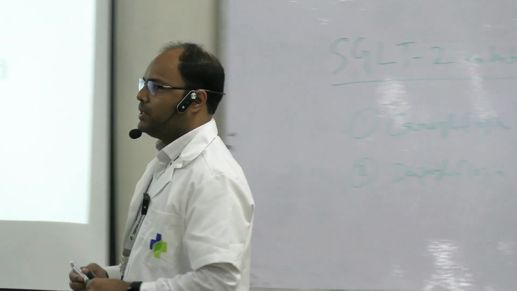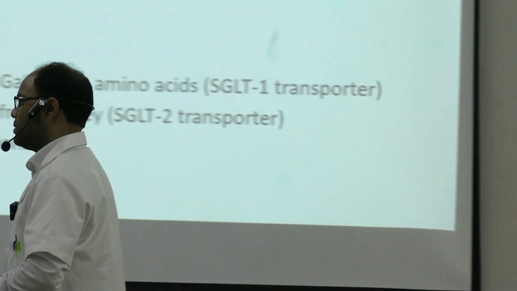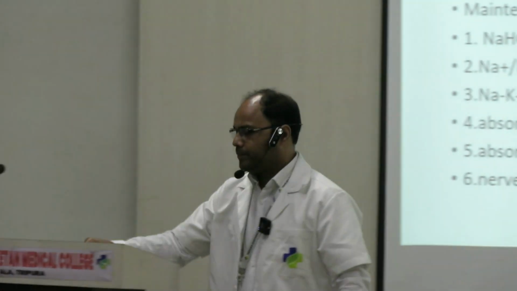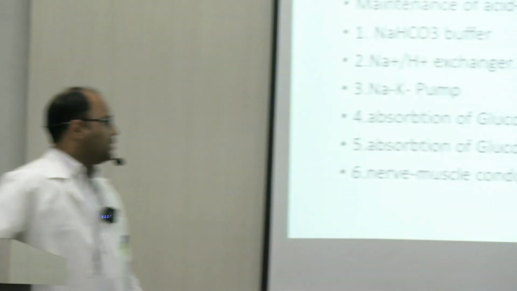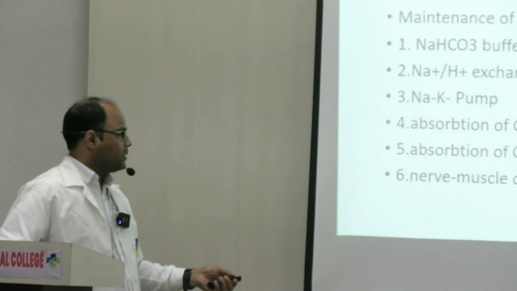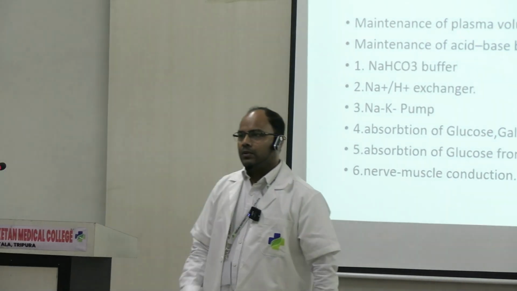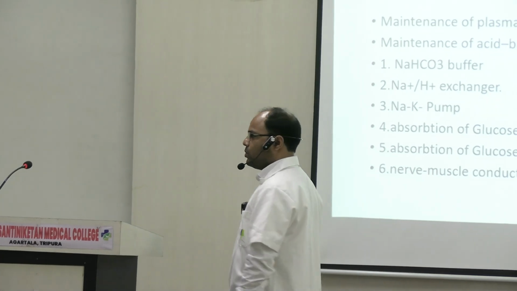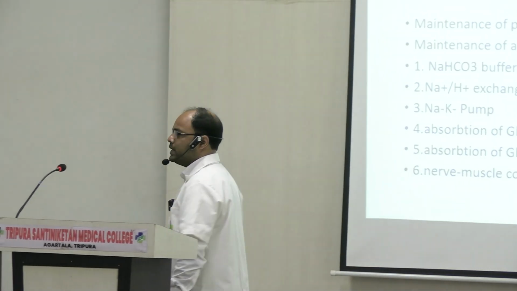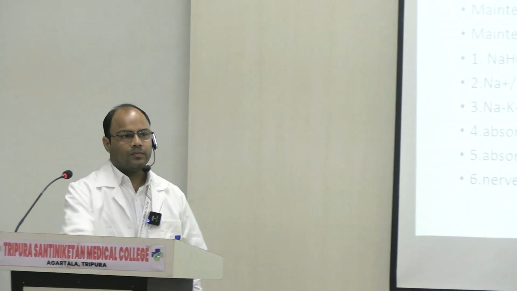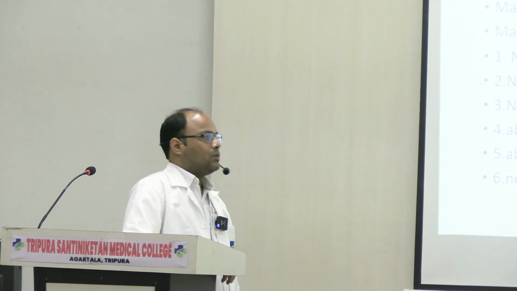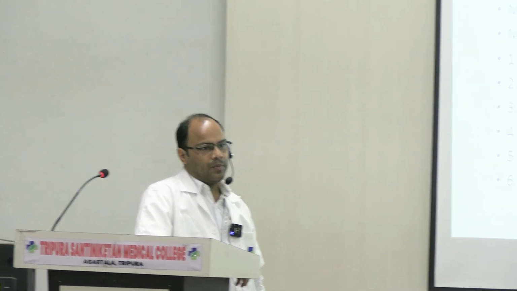Canagliflozin, dapagliflozin, these are SGLT2 inhibitor drugs. They inhibit this transporter, the SGLT2 transporter. By this way, glucose is lost via the kidney, and it is used in the treatment of diabetic patients.